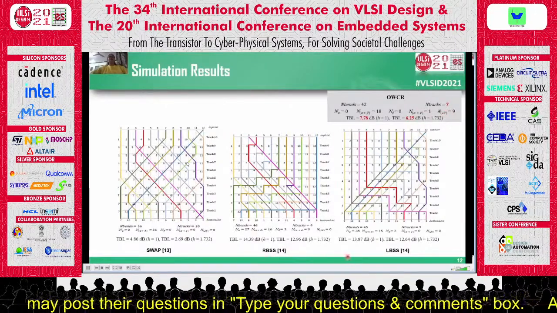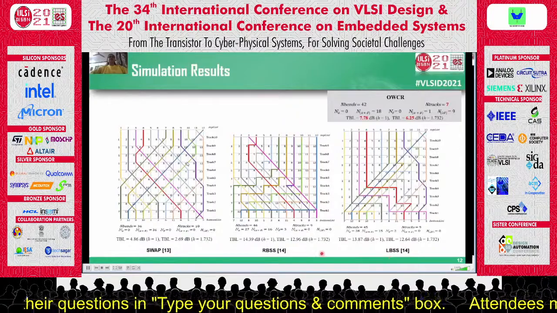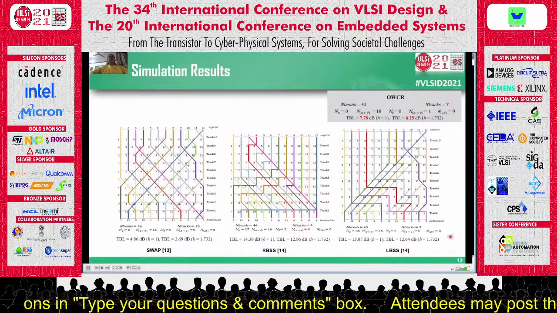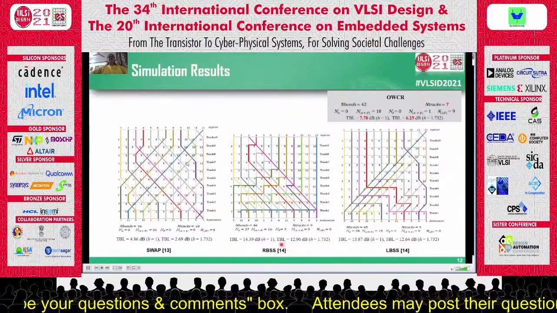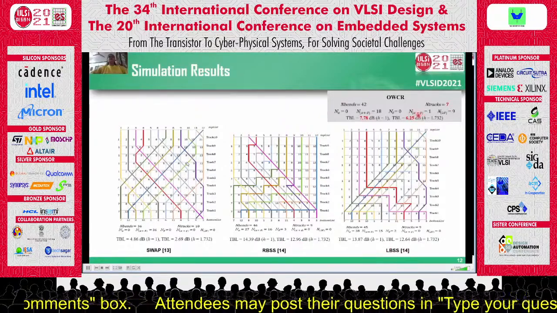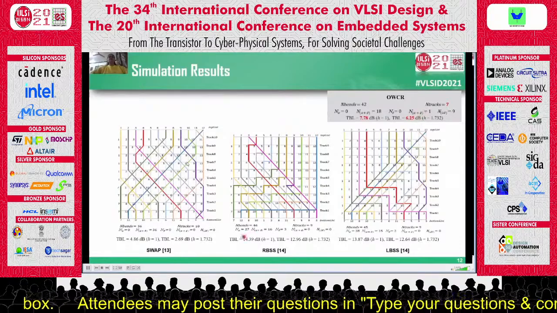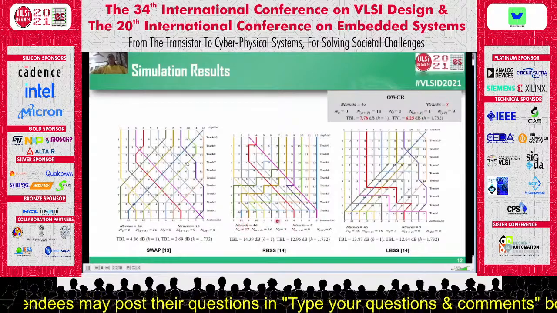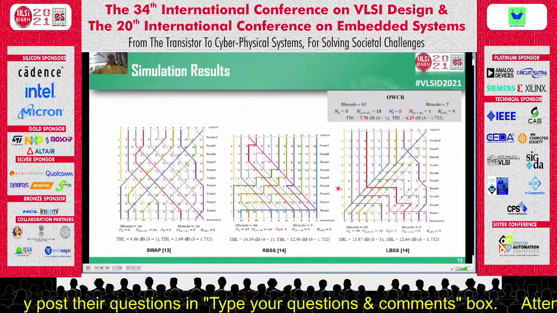In the case of RBSS and LBSS, the total number of tracks is 9, and the total bend loss is still higher as compared to OWCR. This is due to the presence of alpha bends along with theta bends.